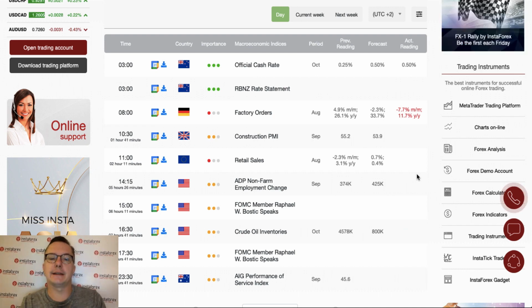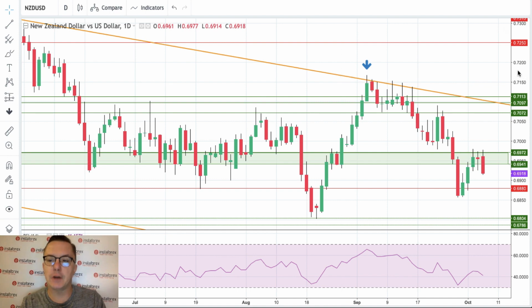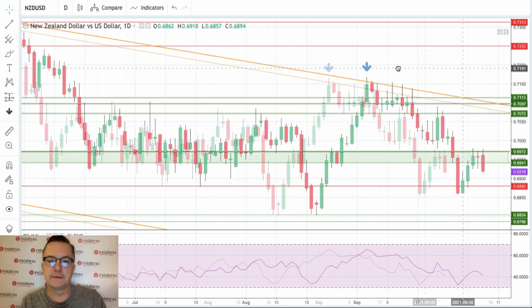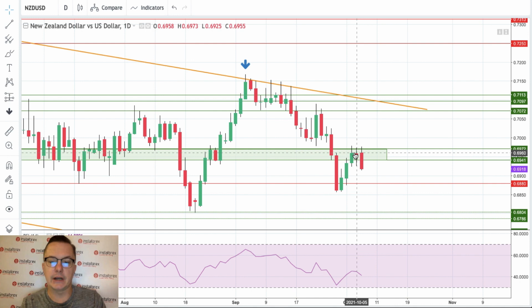Let's take a look at the New Zealand dollar. The technical picture of the New Zealand dollar is very interesting because we have a clear rejection of these levels here. 6,972, 6,941 is the supply zone.